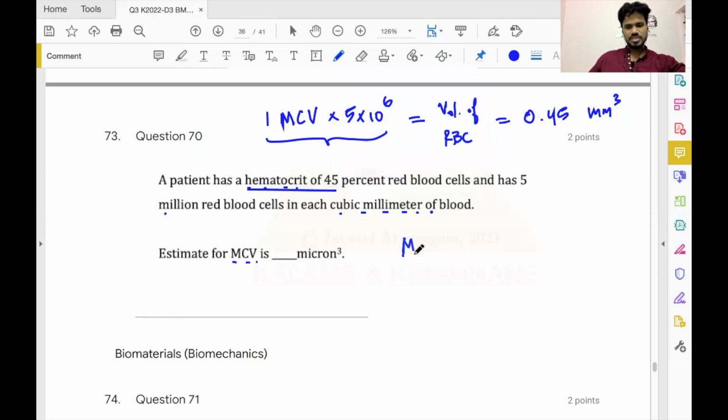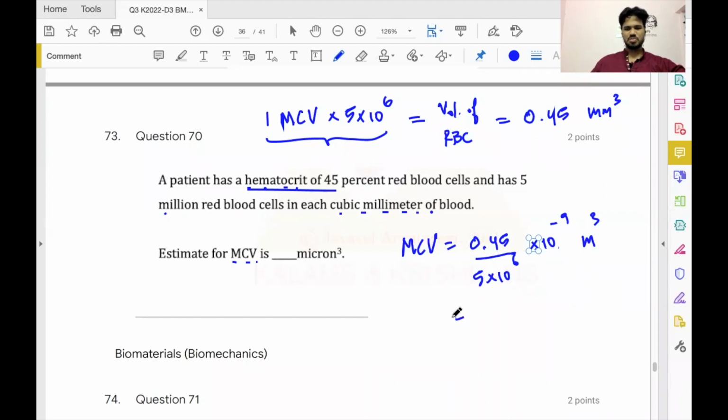So MCV is in terms of micron cube. So yeah, this should be a slightly nasty number. Okay, quickly, what is this number? 0.45 by 5 into 10 power 6 mm cube. Let's also convert that into meters. So this is into 10 power minus 9 meter cube. Okay, what is this value?